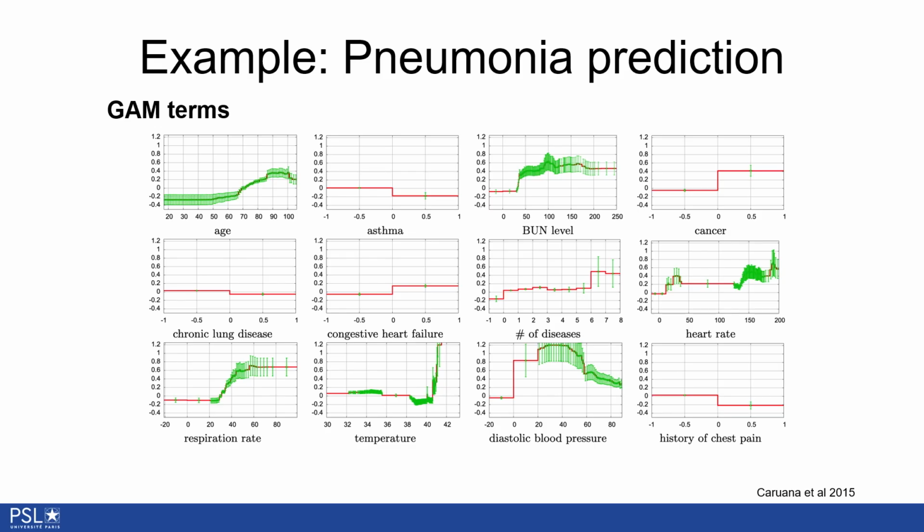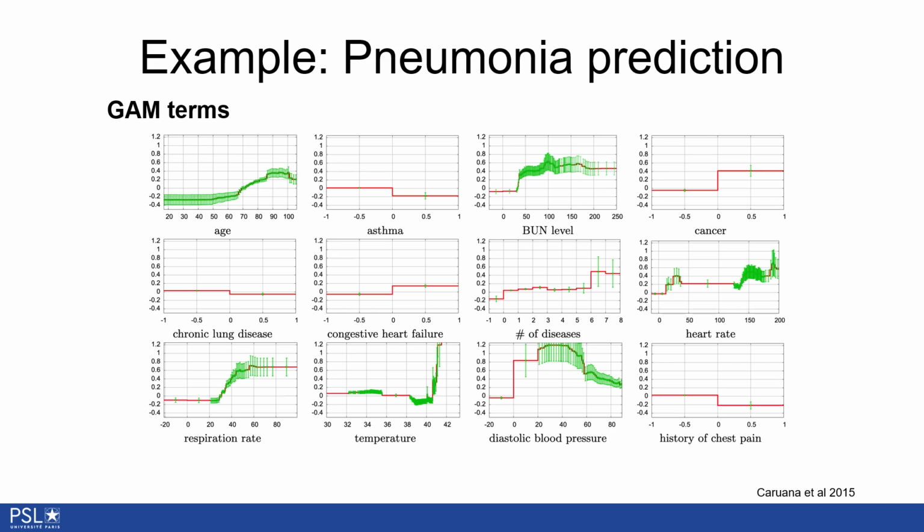How can we interpret the trained generalized additive models? For each feature in the input data, the GAM fits a nonlinear function, which can be shown graphically. This figure shows a set of GAM terms for a subset of features in the data, such as age, asthma, blood urea nitrogen, the presence of cancer, and so on.